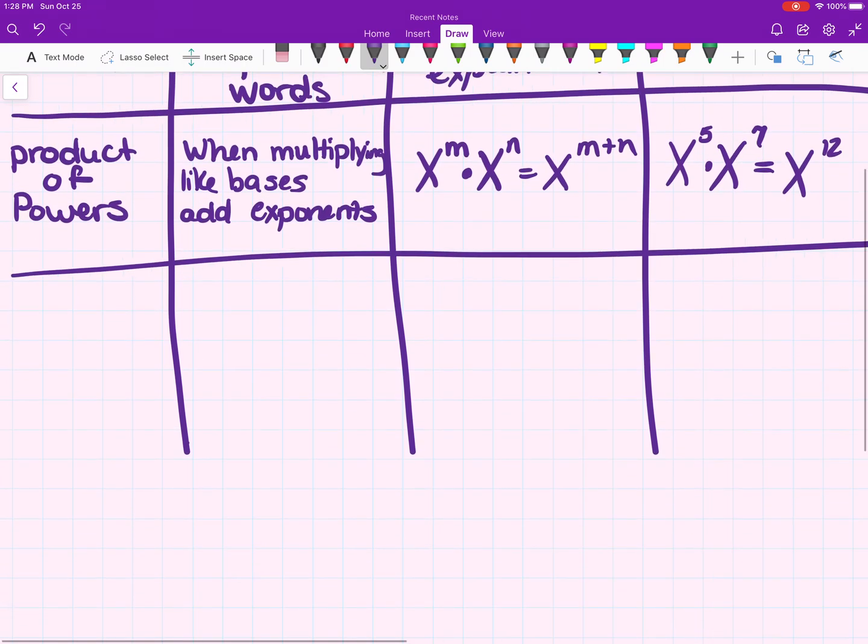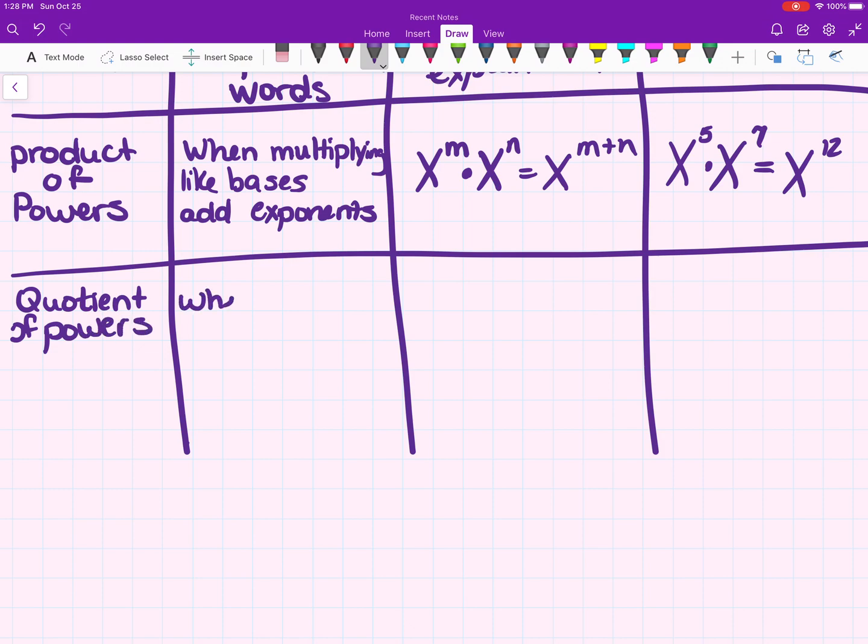Okay, next, quotient of powers. If we're talking about division, when dividing like bases, you're going to subtract exponents.